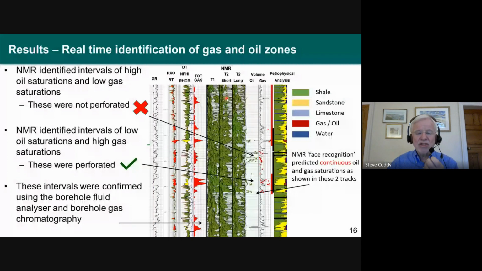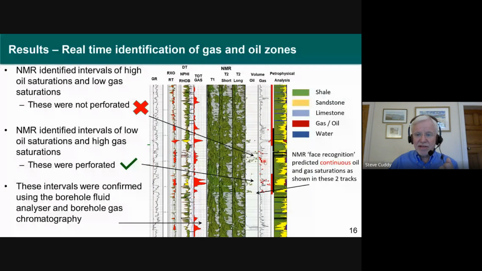Now the NMR is going to sharpen that to give a clear identification of the gas and oil. So in this upper interval here, we've got high oil saturations but low gas saturations.